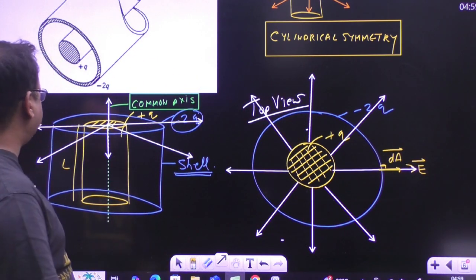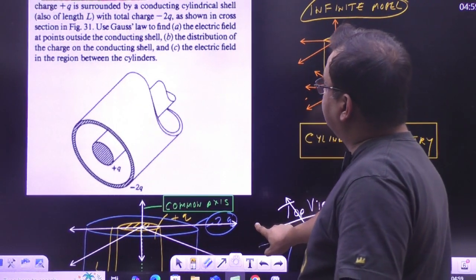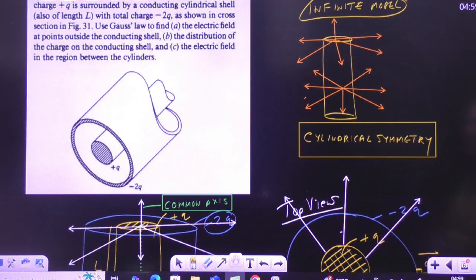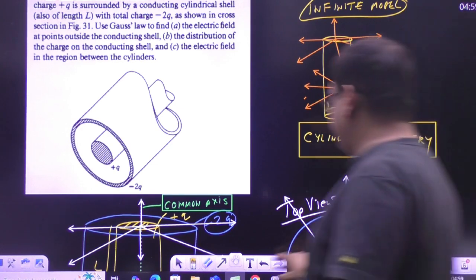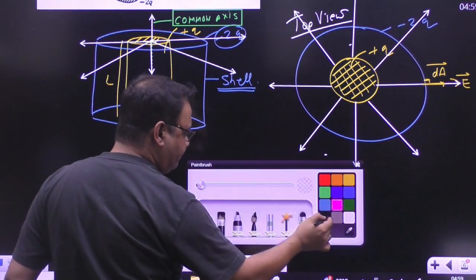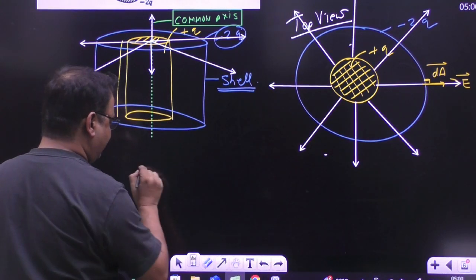So the first part of the problem says we have to find the electric field at all points outside the conducting shell. When I'm going outside, the complete charge of the system is enclosed in the Gaussian surface.